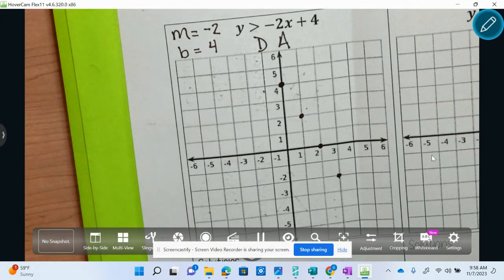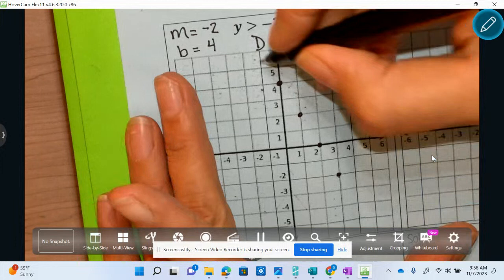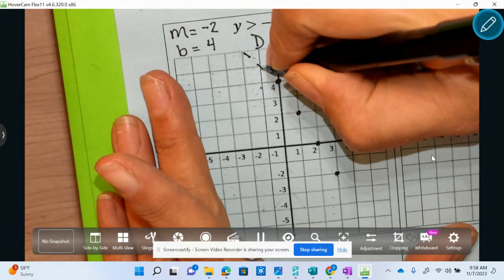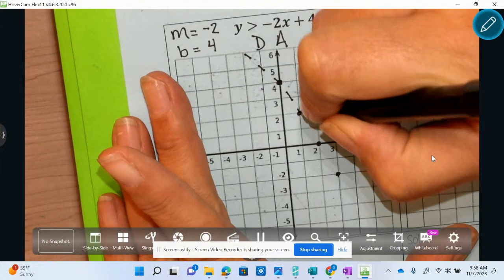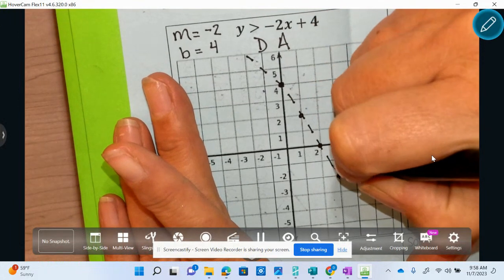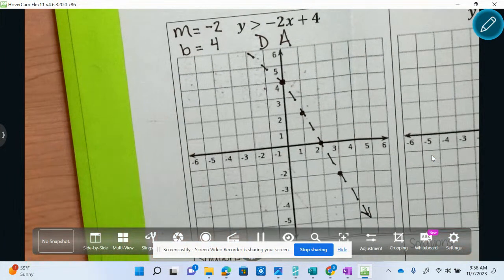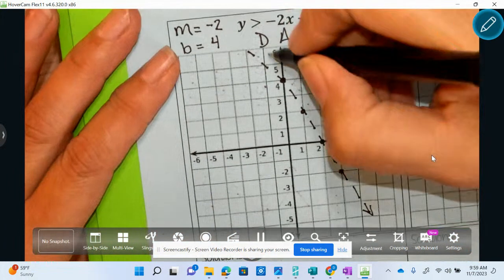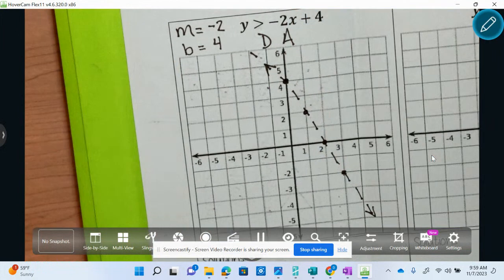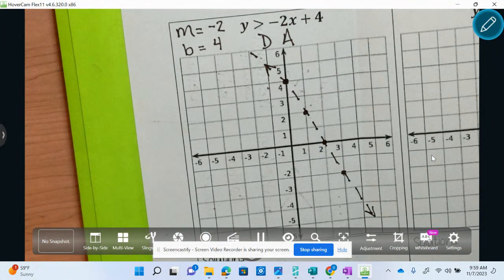Now I'm going to connect these dots with a dashed line. Okay. Am I shading above or below? Above.